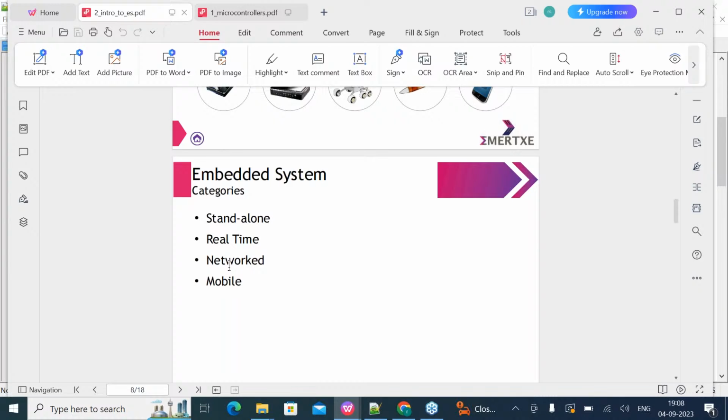Based on our discussion, you can decide which category your example falls in. It is possible that an embedded system falls under multiple categories. That will be a hybrid system.